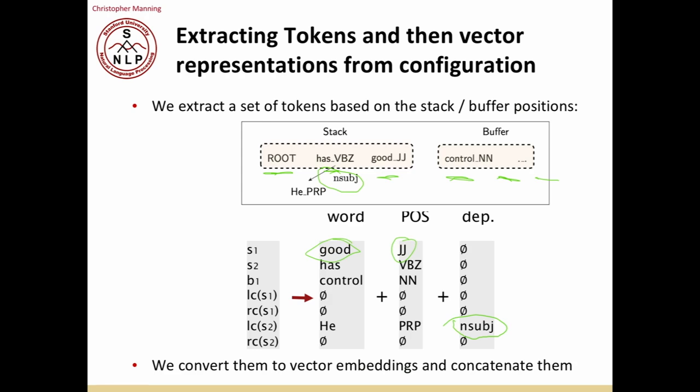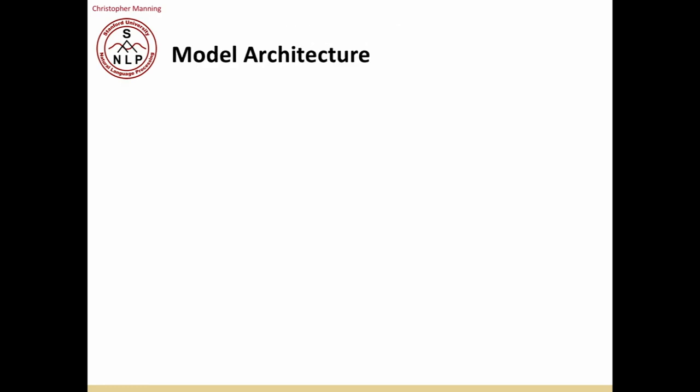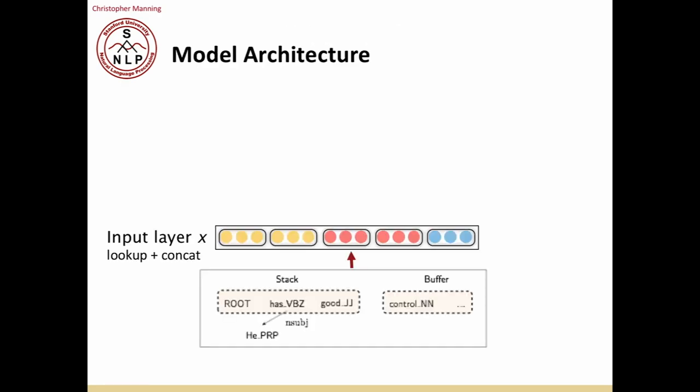We said, well, we could just use exactly the same parser structure that Nivre used, doing those shifts and left arcs and right arcs. The only part we're going to turn into a neural network is that the decision of what to do next is controlled by our neural network. So our neural network is just a very simple classifier of the kind that we were talking about last week.